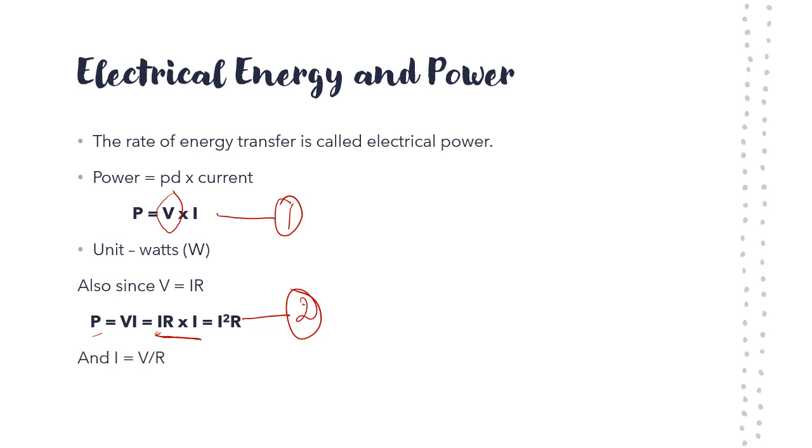And again, from Ohm's law, we also know that I is equal to V over R. So in the first equation, if I substitute for I, P equals V times V over R, so V squared. So power is equal to V squared over R, and that is our third equation.